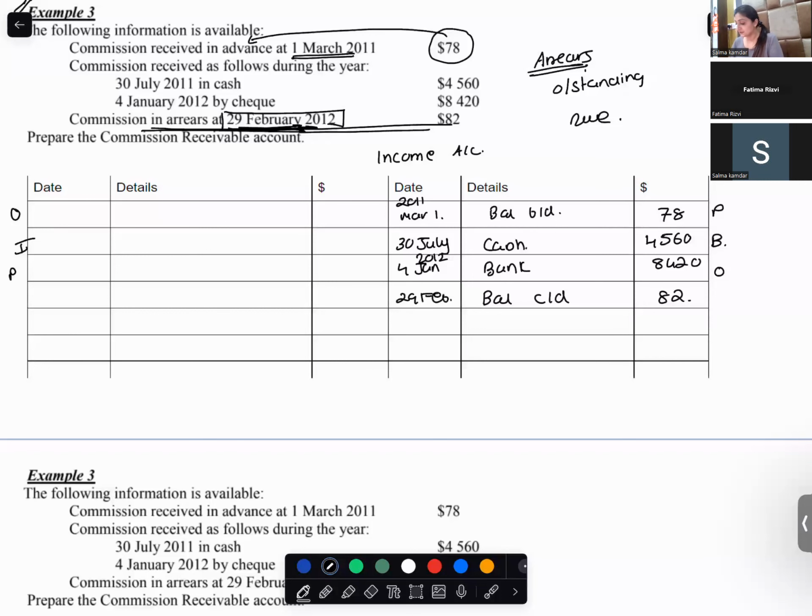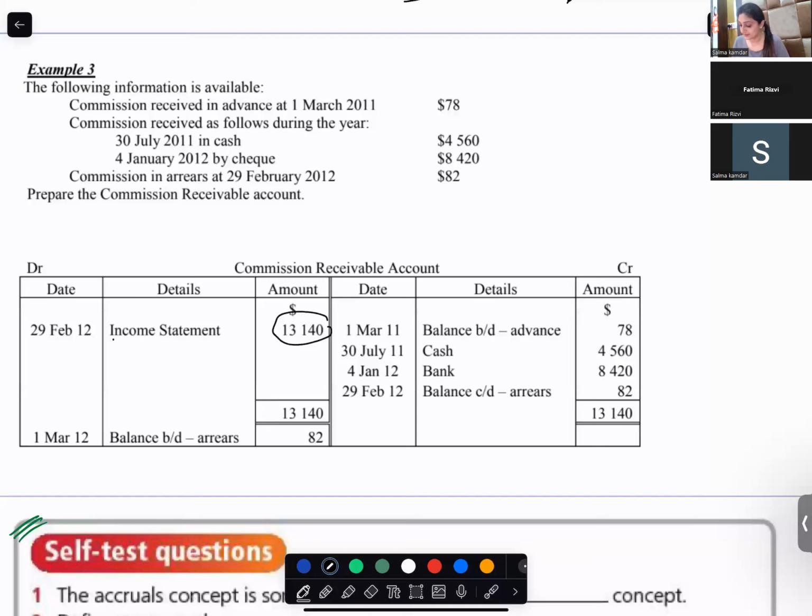Now, do you have income statement or not in this sum? Do you have the income earned or no? No. So what will be your balancing figure? 13140. Yes, this will be your income statement.